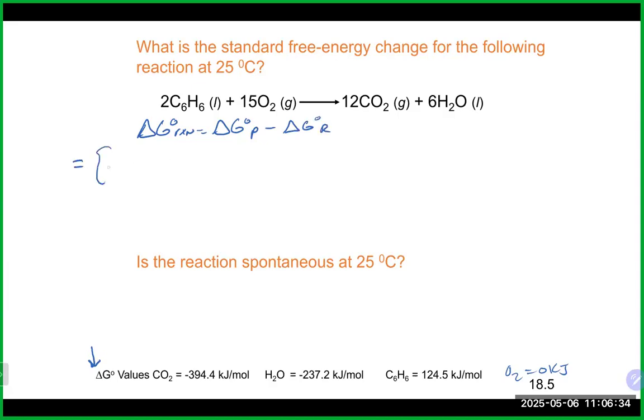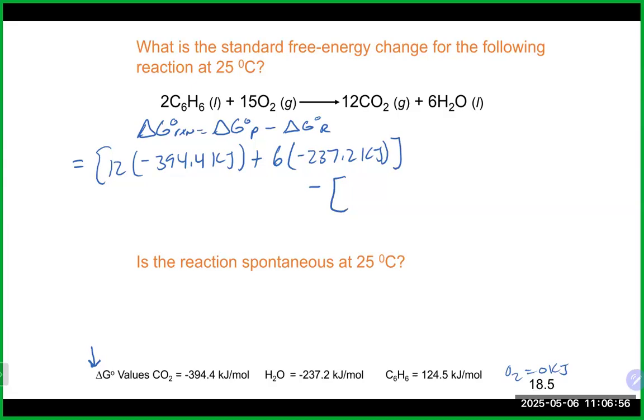So starting on our product side, we have 12 CO2s. Each one is negative 394.4 kilojoules, plus 6 times our water. A reminder as well that when you go to those tables, you want to make sure you find what you're looking for, and you also want to make sure you find it in the correct state.